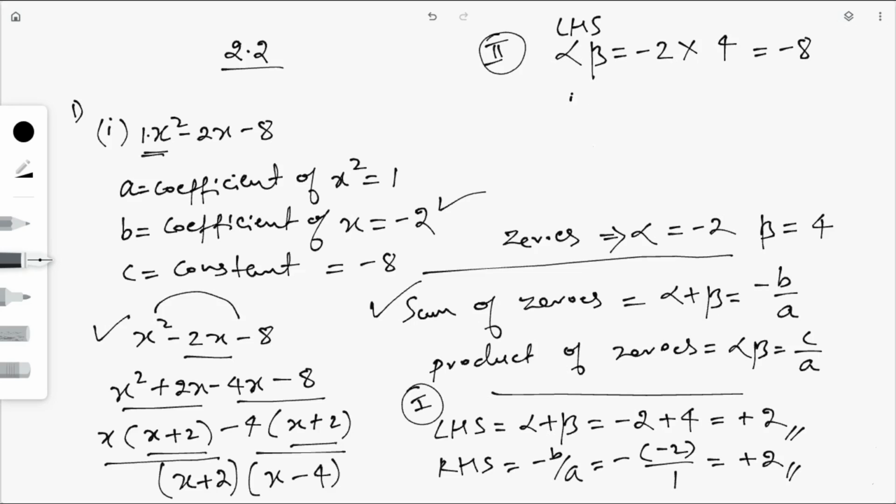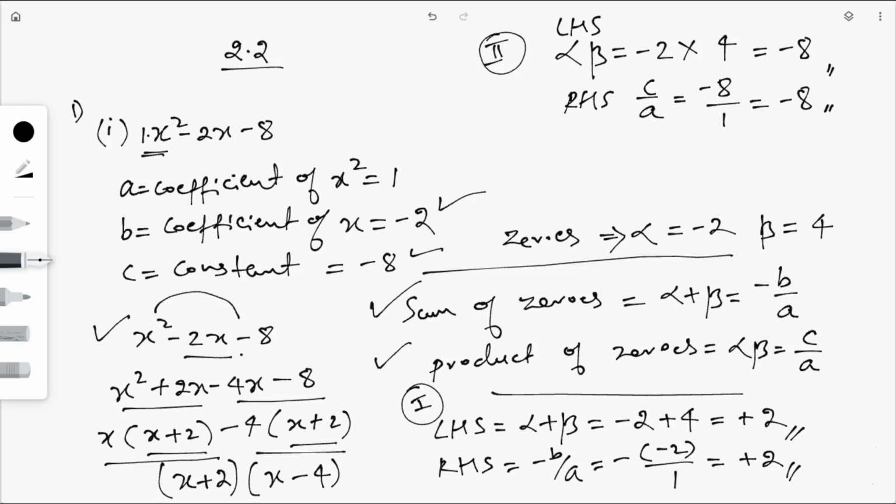Next RHS. What is RHS? C by A. So what is our C here? This is my C. Minus 8, again A is 1. So minus 8. Hence LHS is equal to RHS. The relation between product of the zeros and the coefficients is verified. So this is your second case.